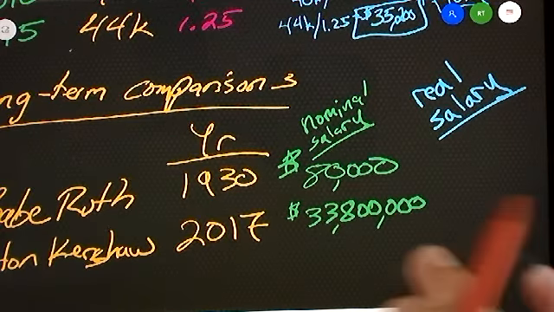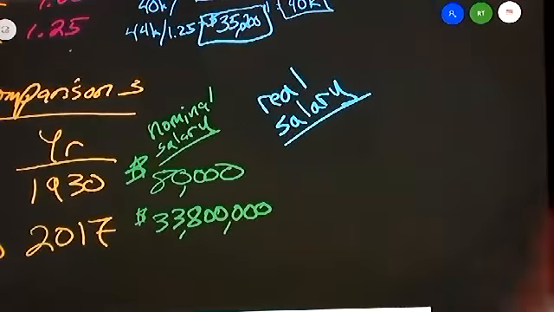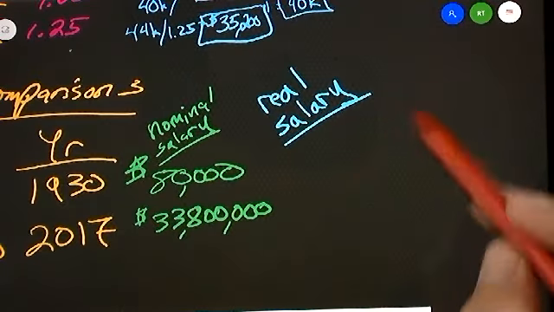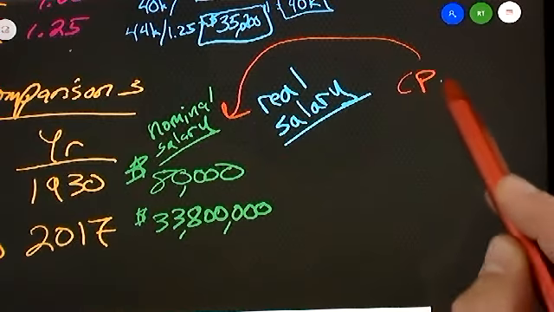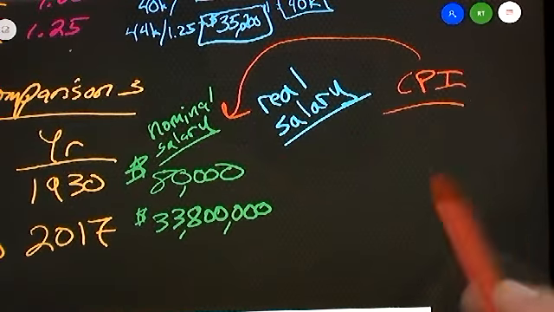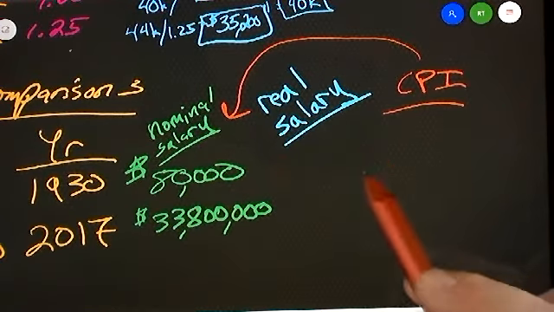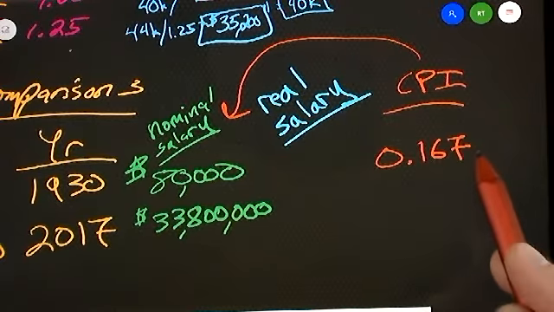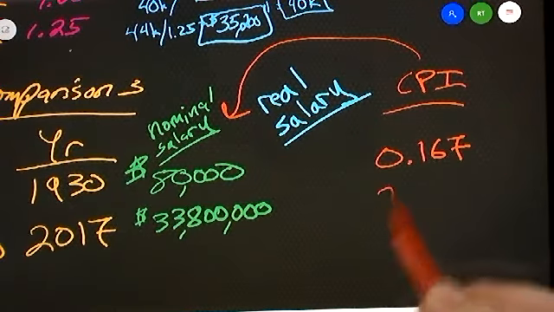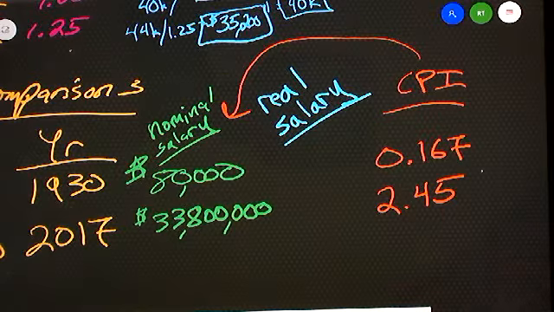And so how do I get to the real salary? Well, I skipped a column there, right? I need a column of CPI. The CPI in 1930 was 0.167. And in 2017, it was 2.45. So how are we going to get the real salary?